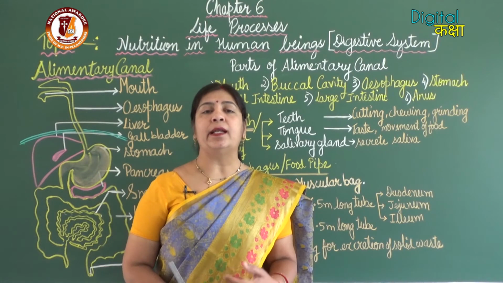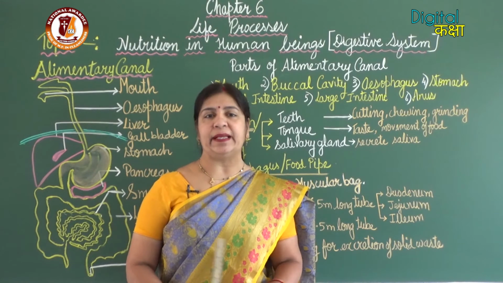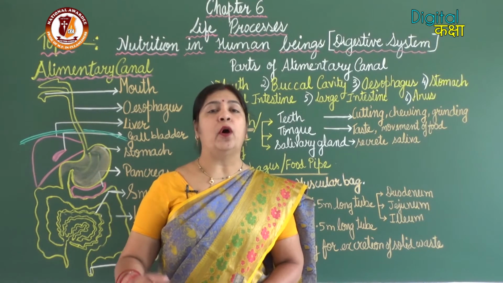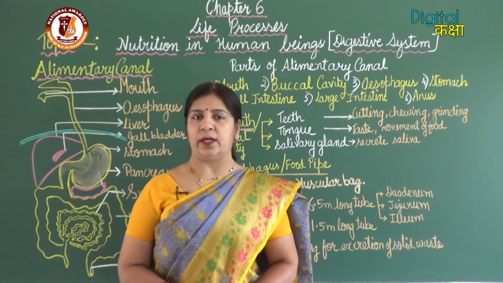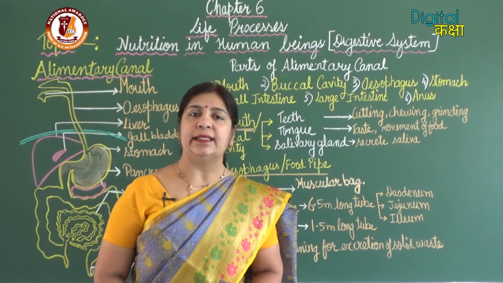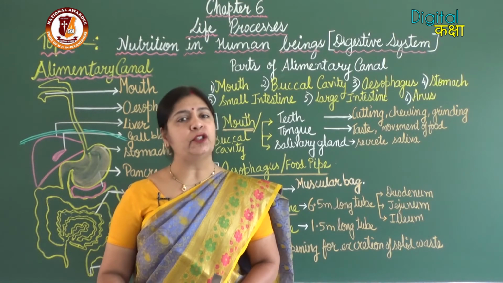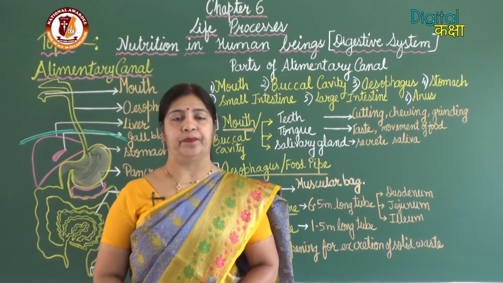So, for the digestion of cellulose, more time is needed. So, for a longer time the food stays in the small intestine. So, herbivores have a longer small intestine, and carnivores do not digest cellulose, so they have a comparatively shorter small intestine.